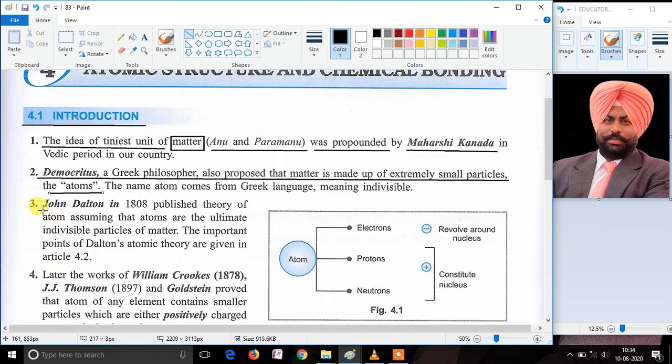Later, John Dalton, another scientist, published a theory and said that an atom is indivisible, meaning that an atom cannot be divided into further parts.